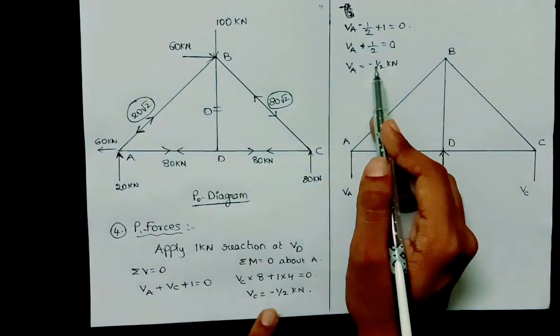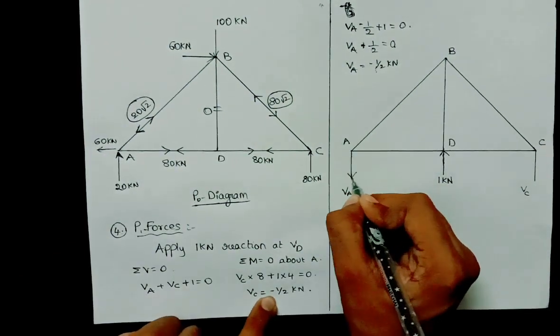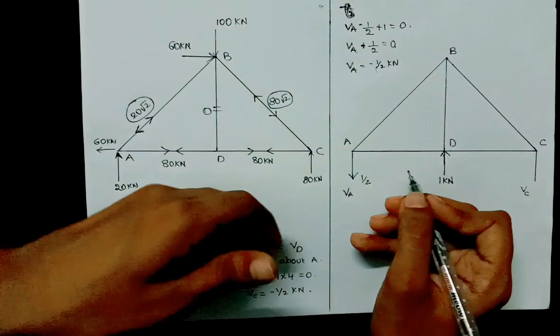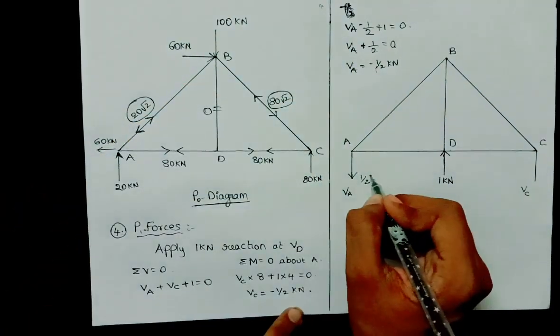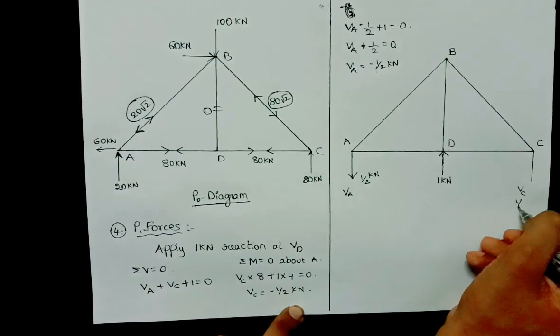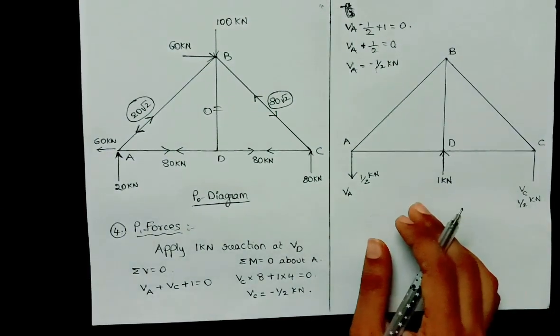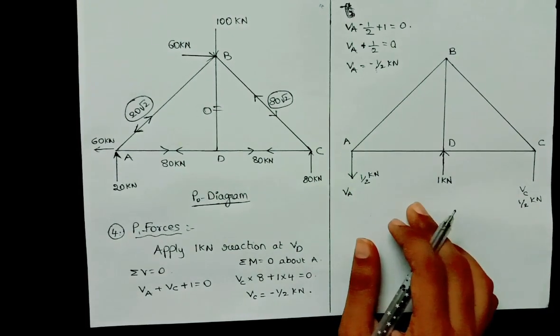Since I got both reactions as negative values, they will be in downward direction, because I assumed upward direction. So VA is equal to half kilonewton and VC is also equal to half kilonewton, both downward. So we have calculated the support reactions.